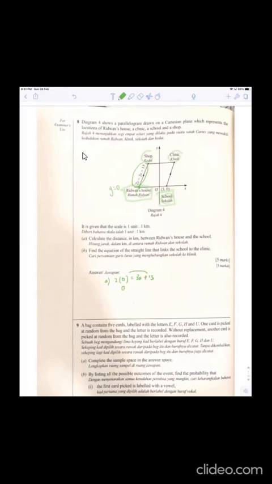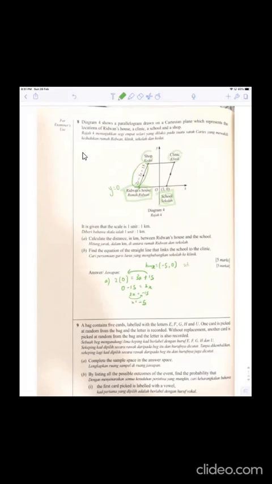So move the positive 15 here, become negative 15 equal 3x. So 3x equal negative 15. So move the 3 down here. So x equal negative 15 divided by 3. The answer is negative 5. Okay, so you know the house coordinate is negative 5, 0. This is the house.